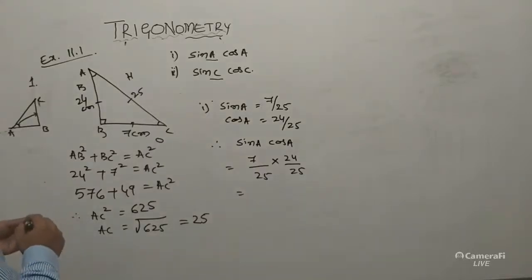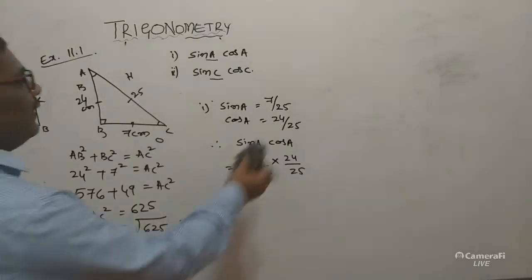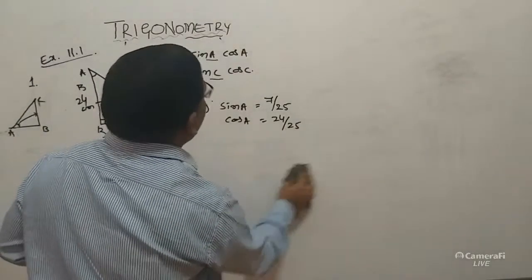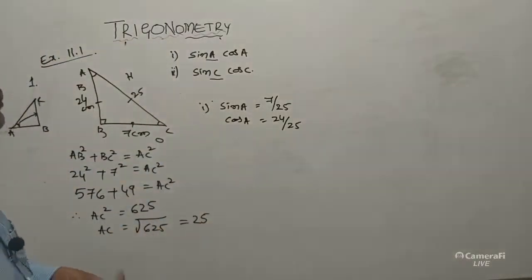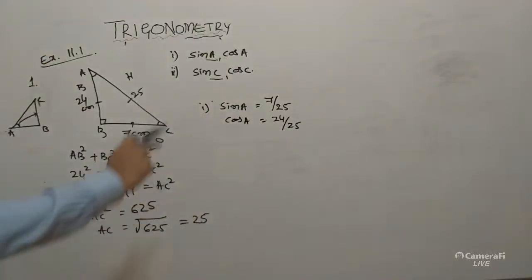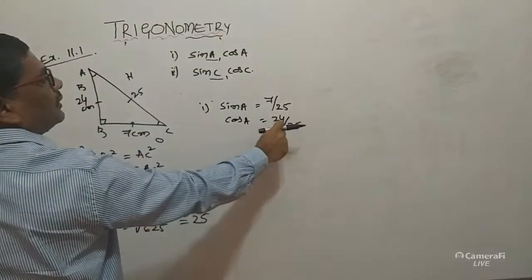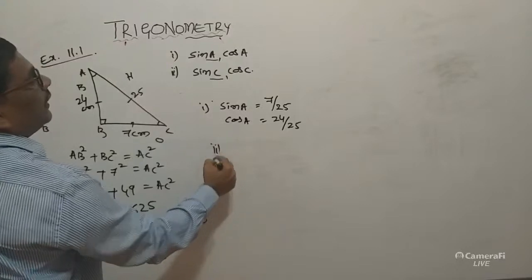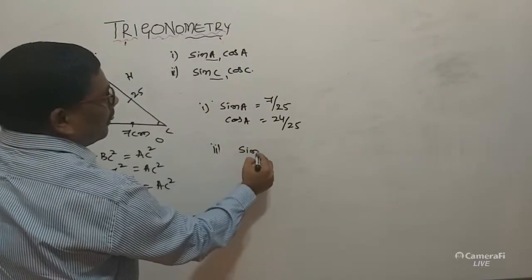The question asks for individual values, one is sin A as well as cos A. It is not a product. See that a comma is given in the textbook, where the first value is sin A and the second value is cos A. The second question is sin C.